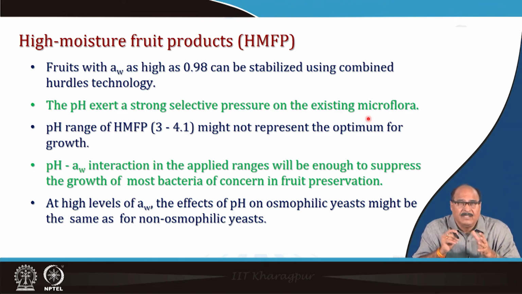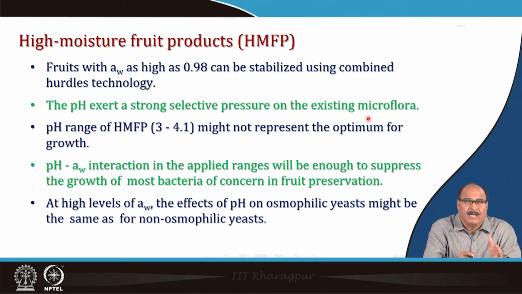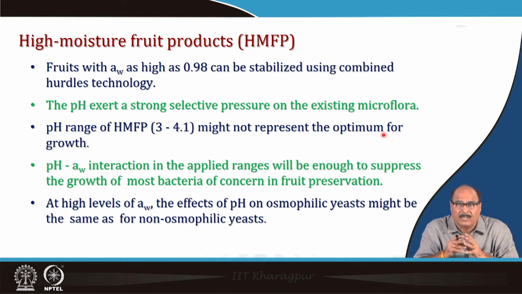So, the pH exerts a strong selective pressure on the existing microflora. The pH range of high moisture fruit products is generally 3 to 4.1. In this range, conditions might not be optimum for the growth of microorganisms, because this pH is very low, and general pathogenic and soil microorganisms will not grow at this pH.